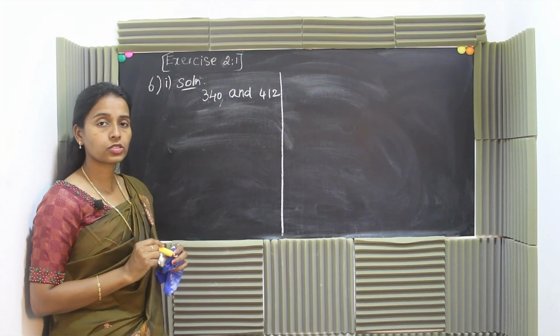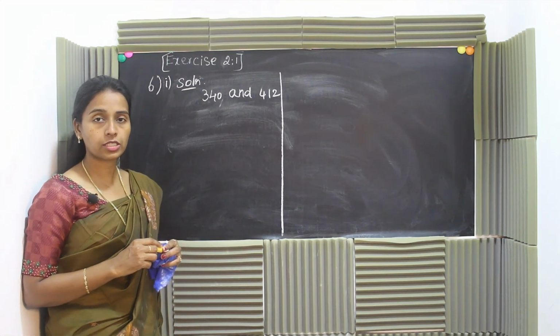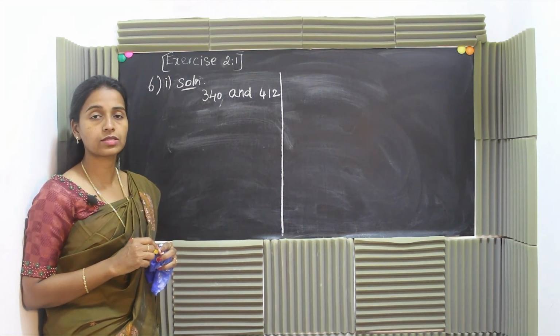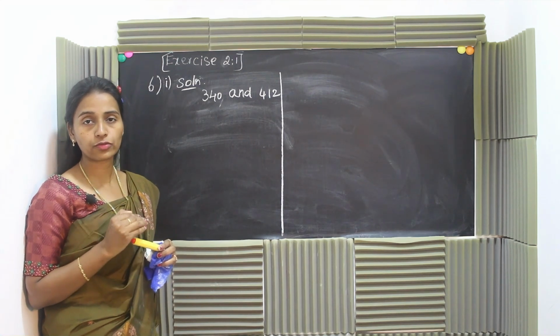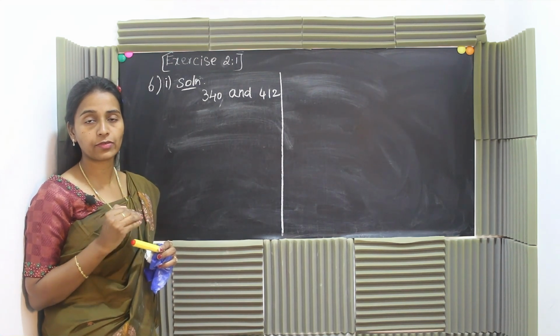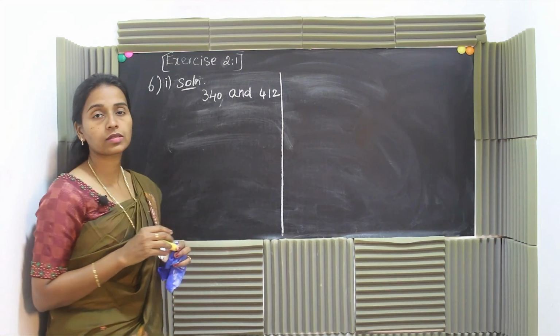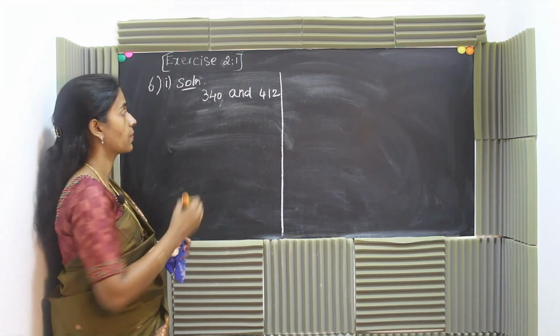What is the procedure of Euclid's division algorithm? We need to continue the division process until we reach the remainder 0. In each step, we should follow Euclid's division lemma formula. Now, we have to write Euclid's division lemma formula first.